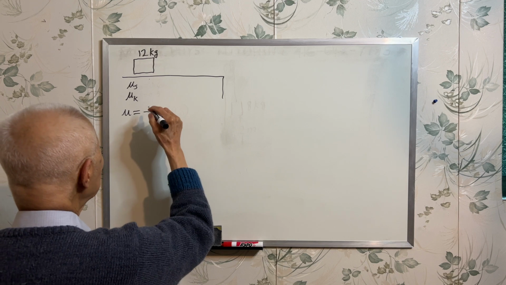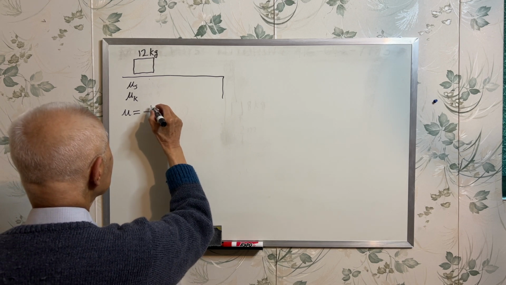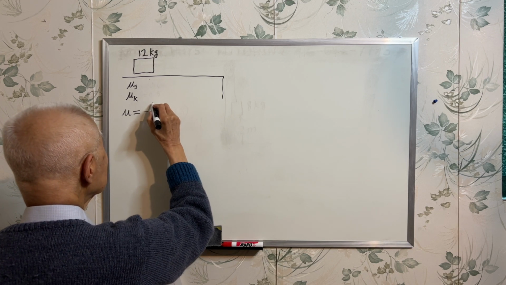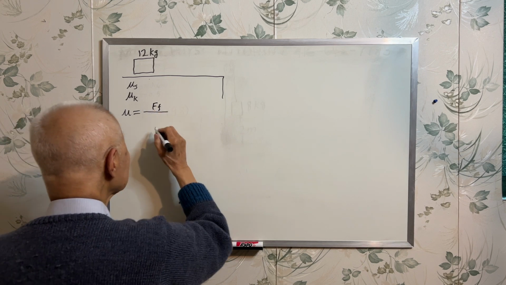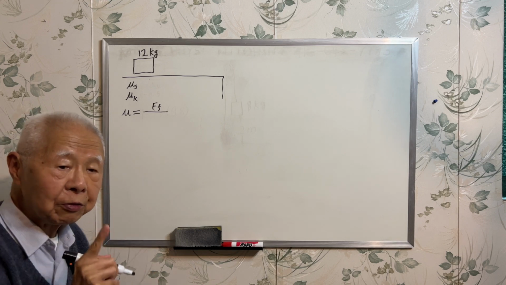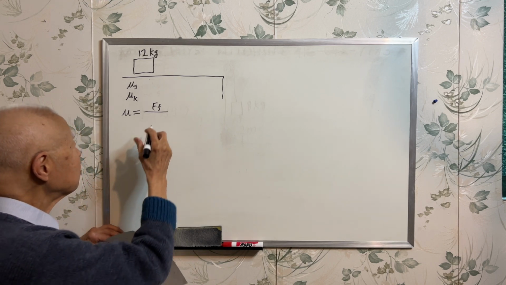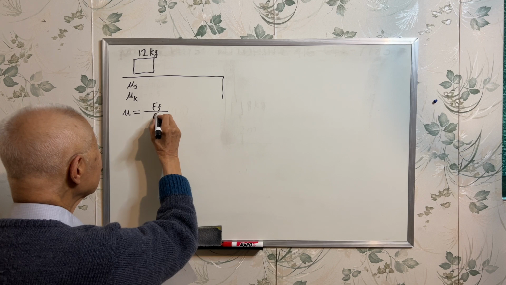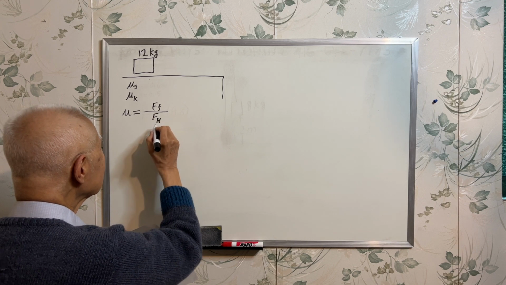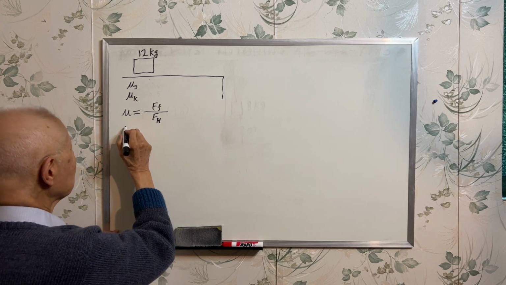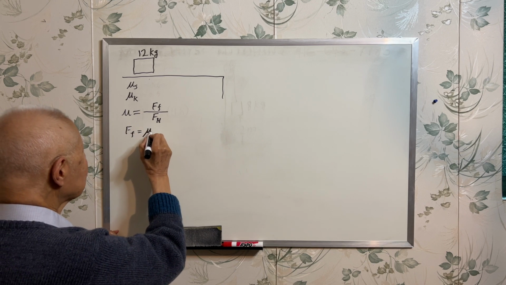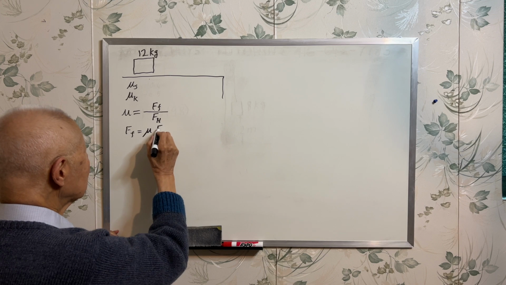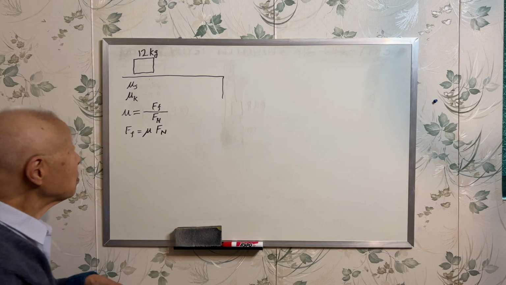So the ratio, the force of friction divided by the normal force. So the friction force is the coefficient of friction times the normal force.